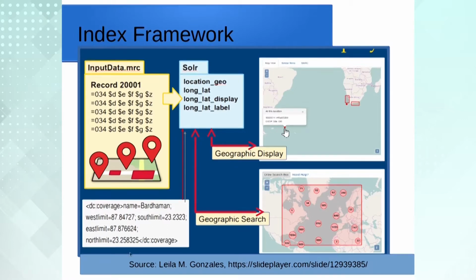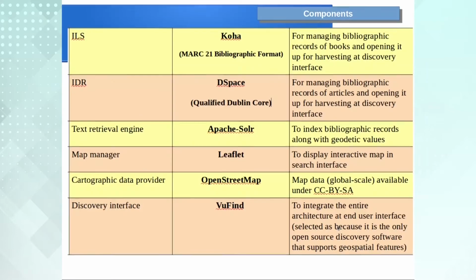These data sets go into the Apache Solr fields. Now, after indexing, we can display the map associated with a particular resource through the map tab view, or we can utilize the geographical map during search inside the search interface, so that people can use it.